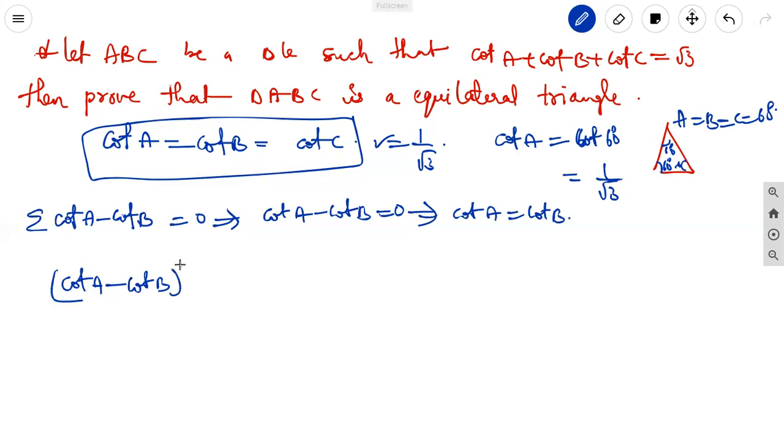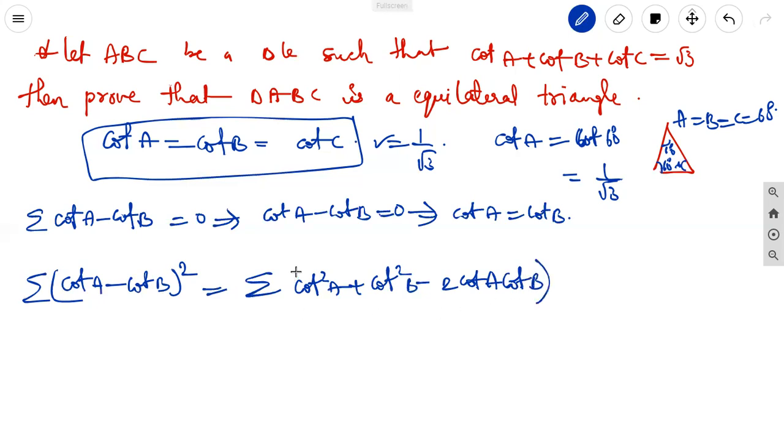Suppose we take the square of the difference of two terms, sum them, and expand this summation. Sum of cot A minus cot B whole square is cot square A plus cot square B minus 2 cot A cot B. This is for the summation only.